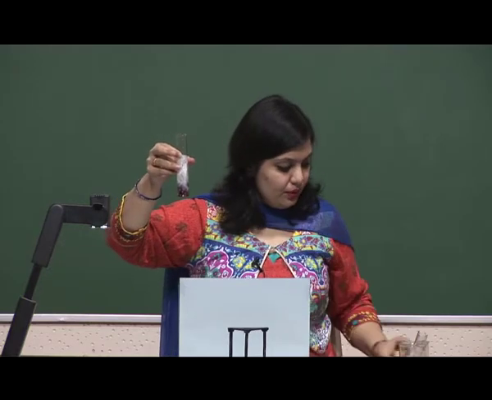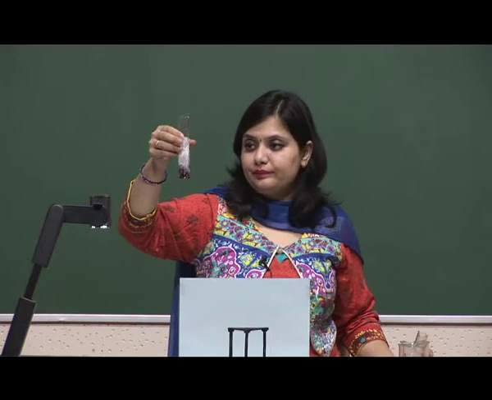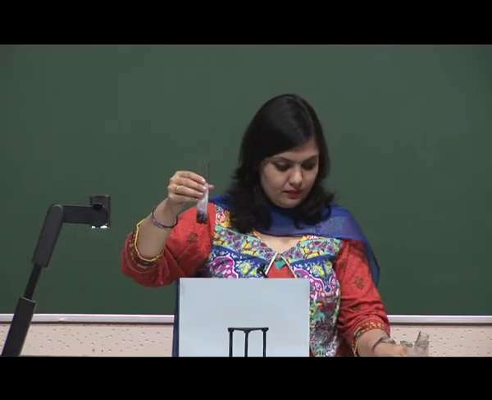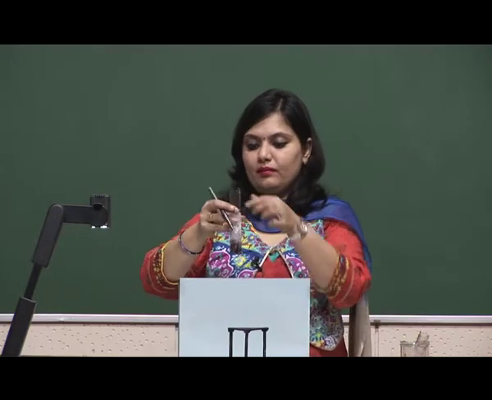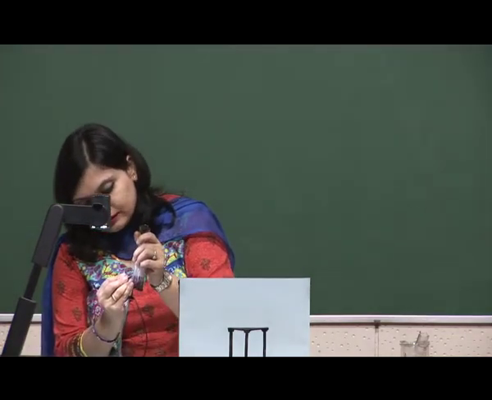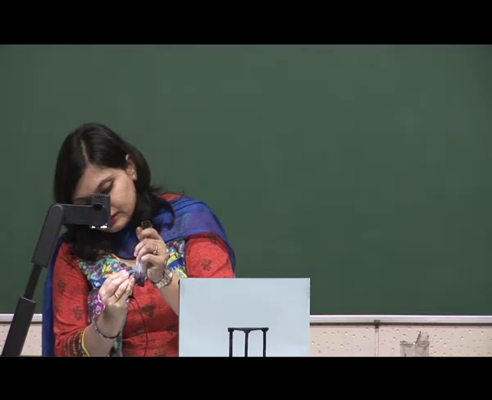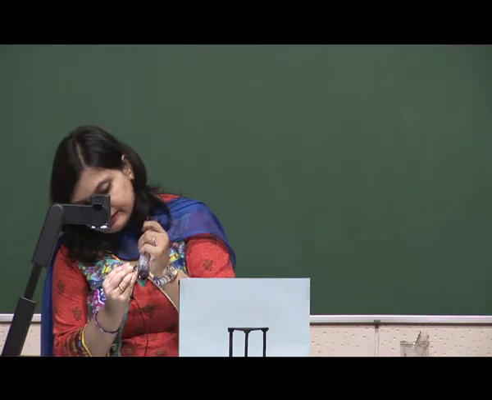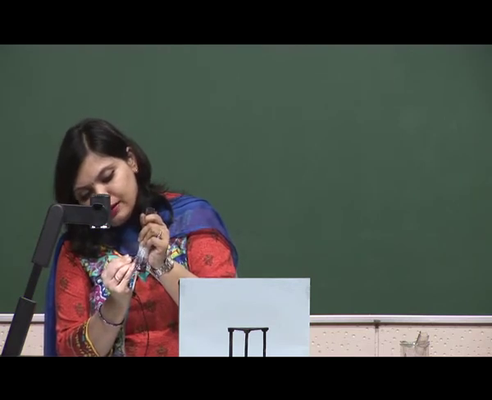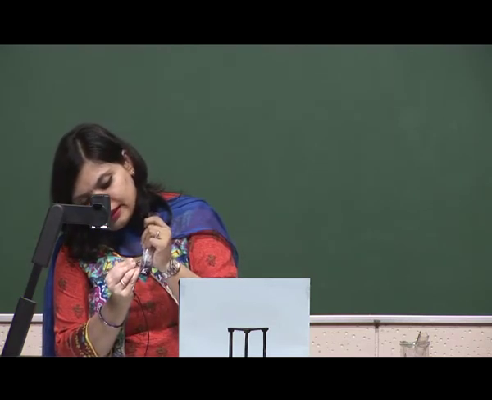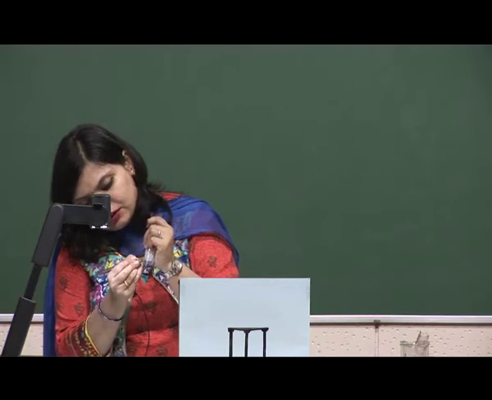Now, we will also mark its level. So, I am marking the level of the sugar solution here with this green pen. This is important because we need to remember what was the initial level of the sugar solution.